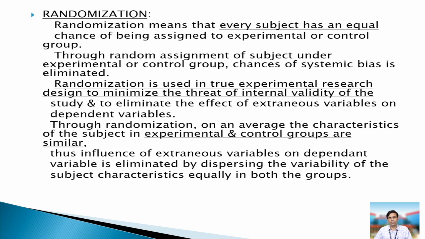The number and characteristics of subjects in control and experimental groups are almost similar, and thus the influence of extraneous variables on the dependent variable is eliminated by dispersing the subject characteristics equally in both the groups.